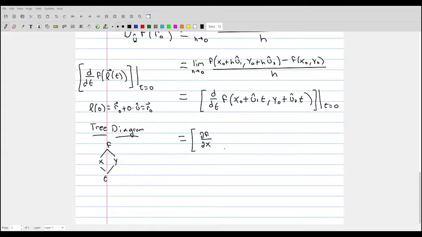It's very helpful. This is going to be df dx times dx dt plus df dy times dy dt, all evaluated when t is equal to 0.